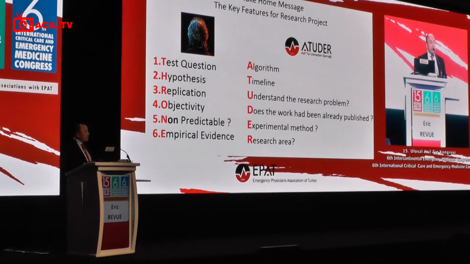The other thing is you want to implement the ACIL: methods, algorithm, timeline, and the standard research program, has the work already been published or not? Is it experimental methods or research, and what kind of research area? This acronym is thanks to my colleagues from Turkey who helped. We enjoyed doing that.